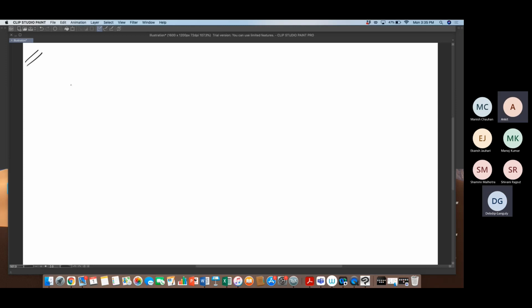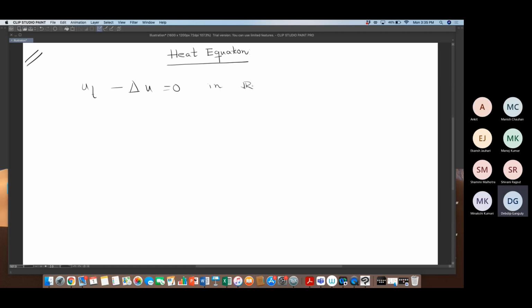So we proved the maximum principle and then the Fourier transform. So we are doing the heat equation, right? Our aim is to study this type of equation, u_t minus Laplacian of u equal to 0, in R^n or in some bounded domain.